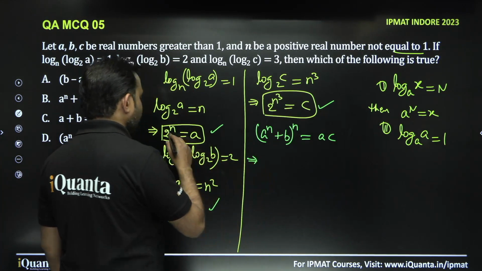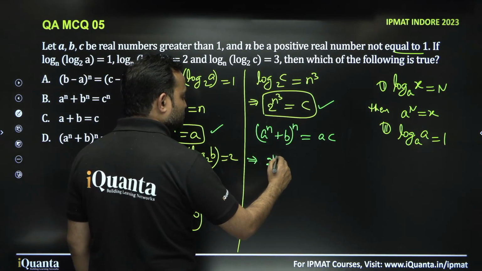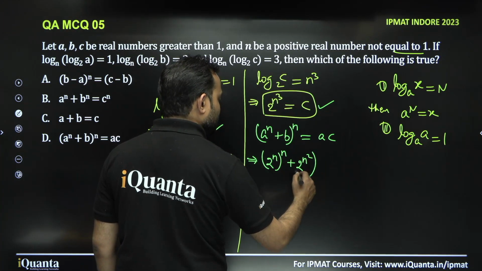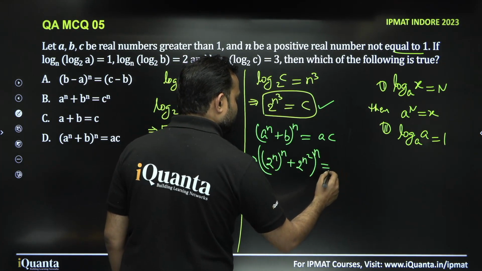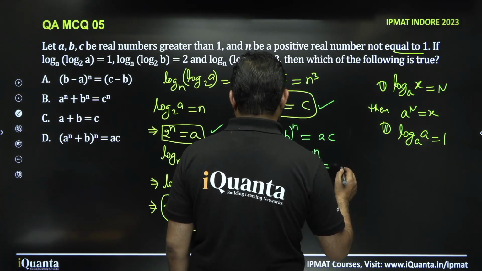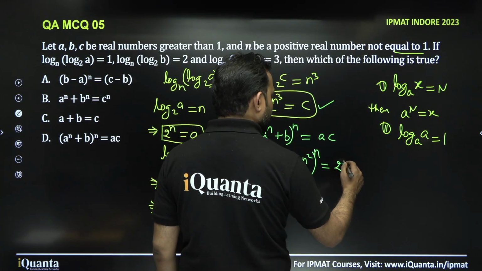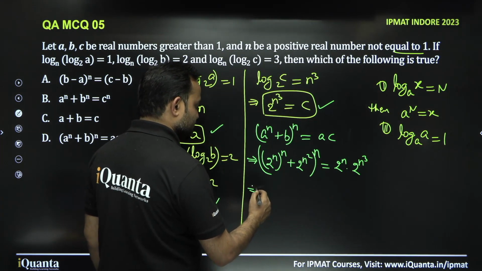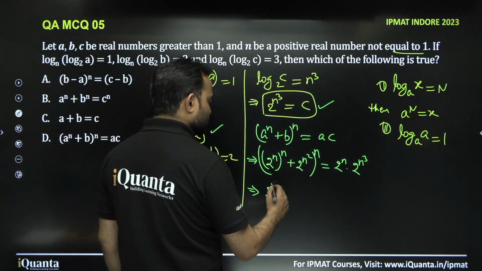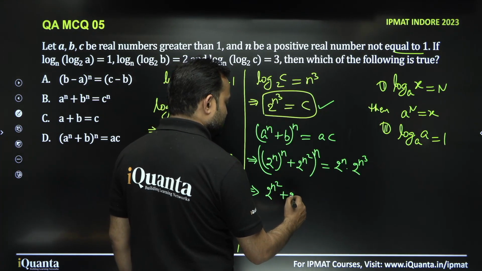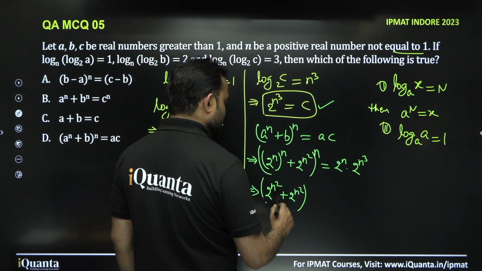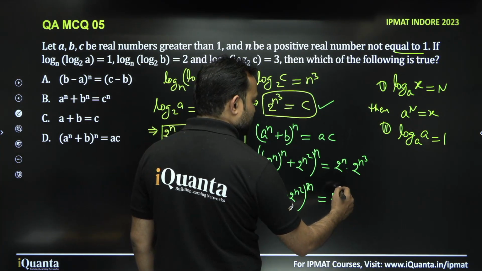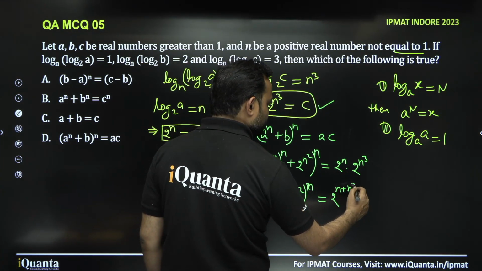So what is a? A is 2 to the power n, 2 to the power n to the power n, plus b is 2 to the power n square to the power n. Now again a is, this should be 2 to the power n into 2 to the power n cube. So from there, this will become 2 to the power n square plus 2 to the power n square to the power n, and this will become 2 to the power n plus n cube.